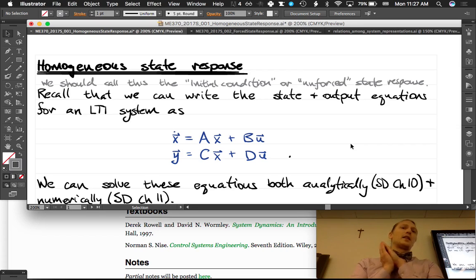Okay? When I say LTI, I mean linear time invariant. So the linear part means that you can write it in this matrix algebra form where you have a matrix multiplying the state variables, x, so that x is the state vector, right? And A is the matrix that multiplies it.